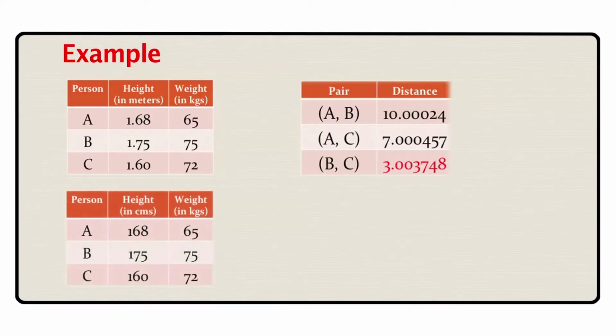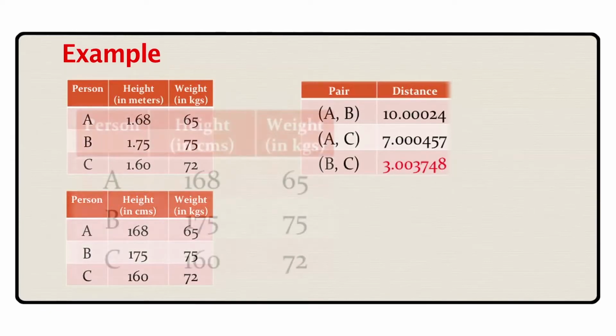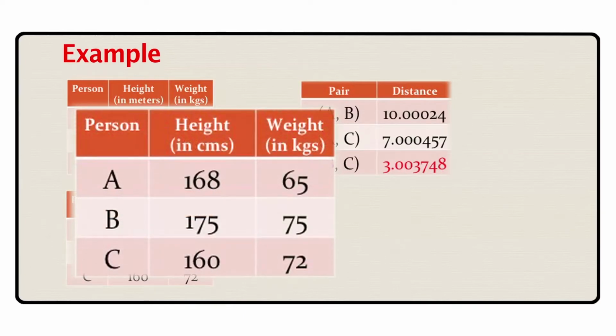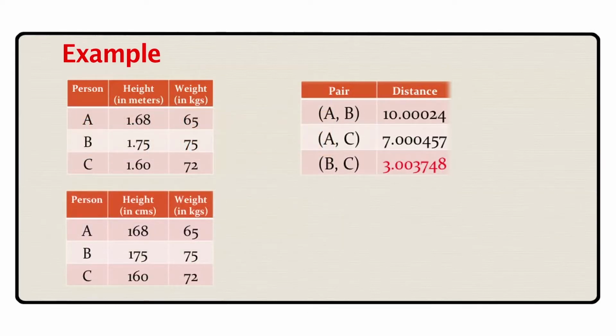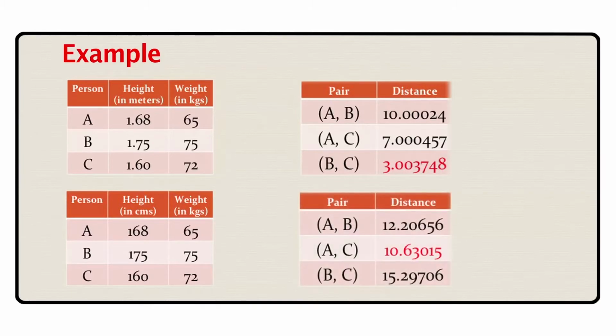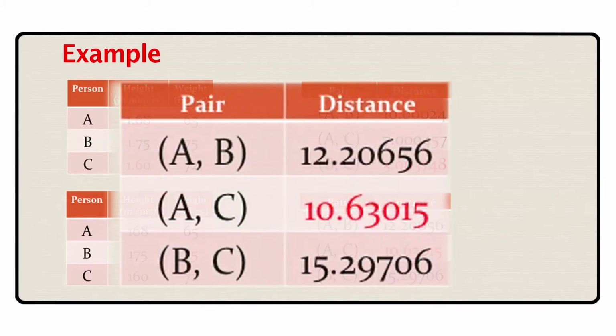On the other hand, if we now measure for the same persons the height in centimeters instead of meters, so that instead of 1.68 we have 168 centimeters as the height, and similarly for B and C, and keeping the weights as they are, in kgs, and recalculate the distances between them using the Euclidean norm again, we find that the distance between A and B turns out to be 12, between A and C turns out to be 10, and B and C turns out to be 15.